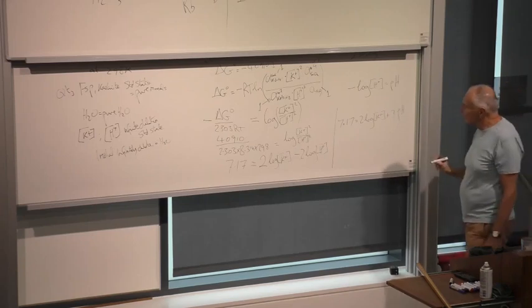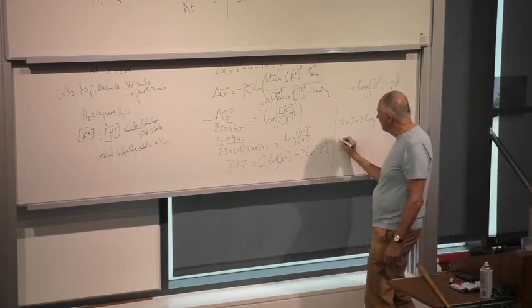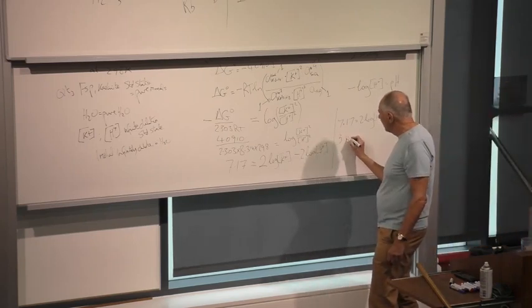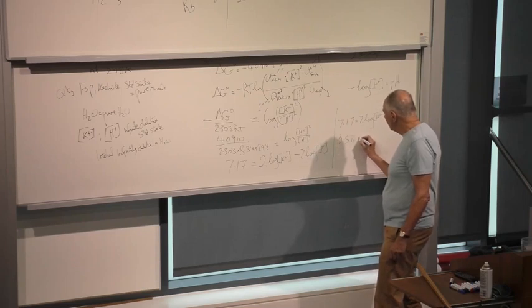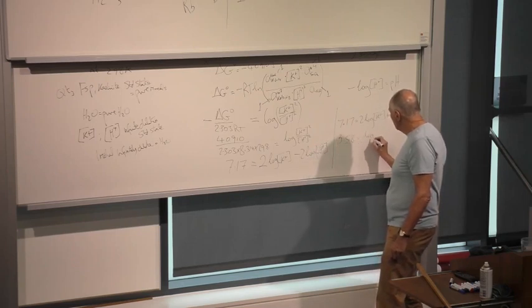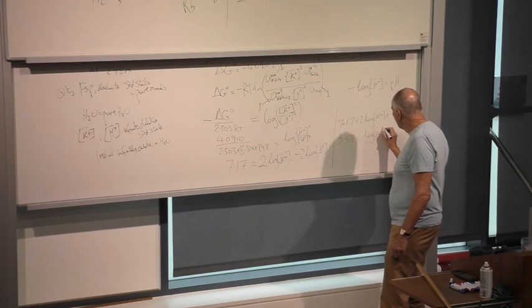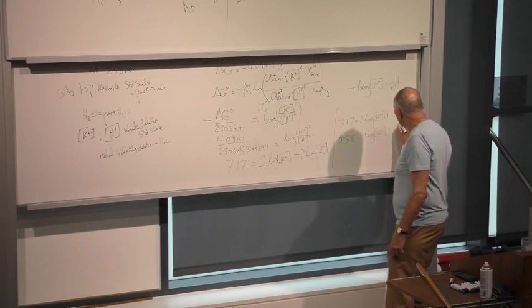Let's divide by 2, so that's going to be 3.58 is equal to log K plus plus pH.